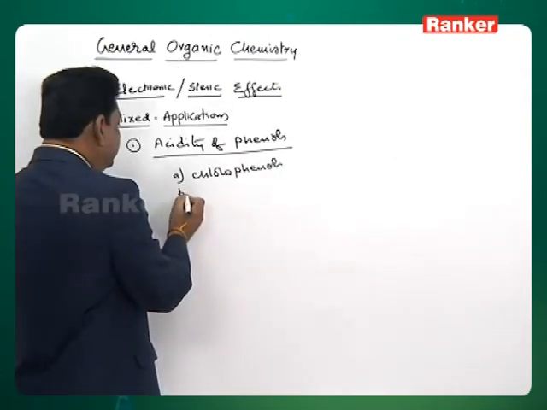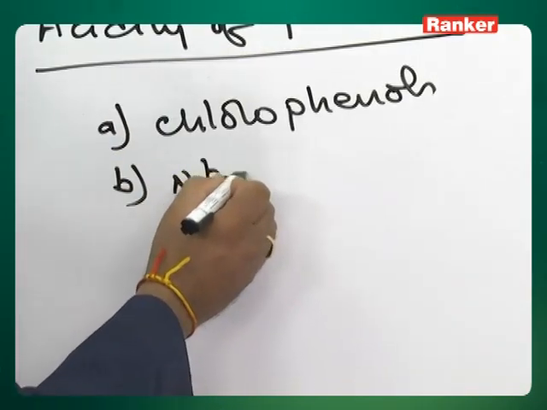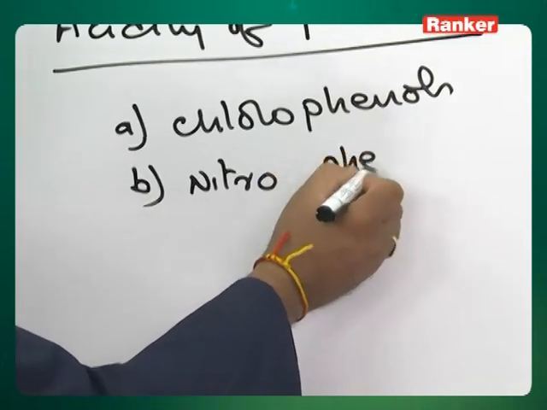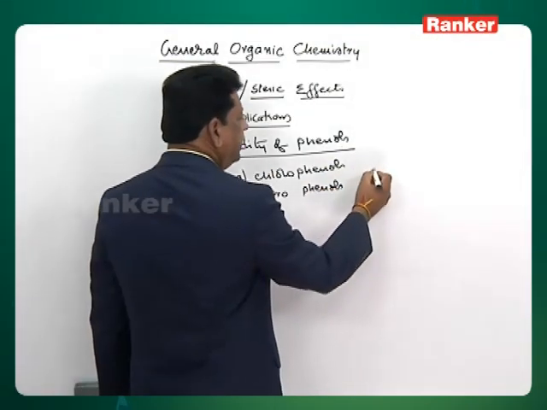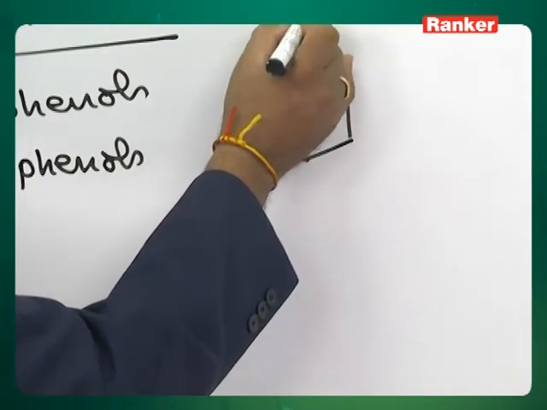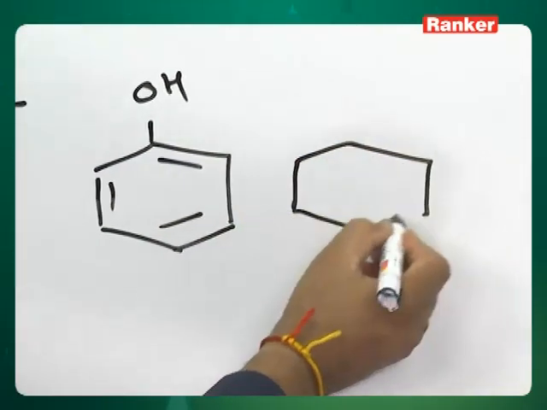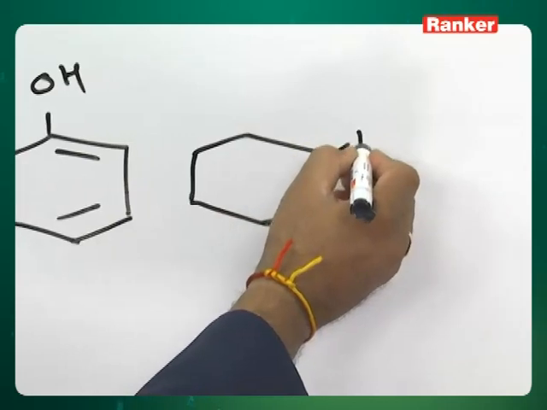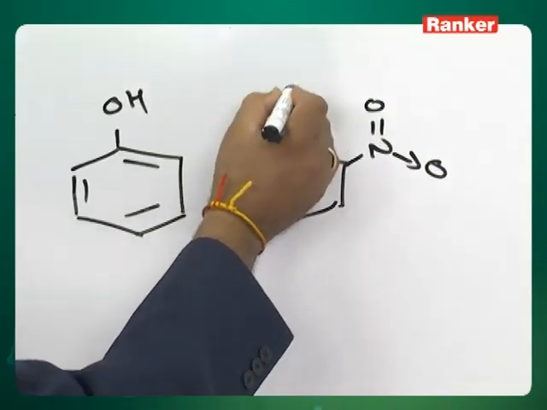Then let us take another type of the phenols, that is the nitro substituted phenols. Nitrophenols. In the nitrophenols also you can take the 4 different phenols. One ordinary phenol, okay. Then we have an ortho nitro attached phenol.